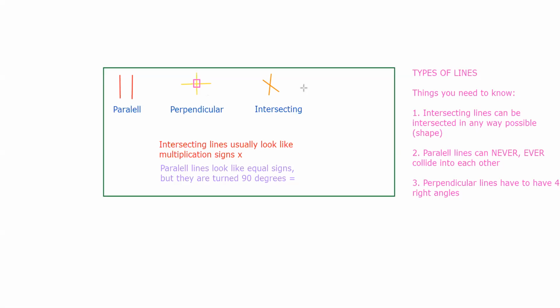Another way is to just think about it, so I'm going to draw a 90-degree angle right here. Let me erase this real quick. If you look at this 90-degree angle, you can take a ruler or just draw it freehand, but I'll do it in yellow so it's easier to see.